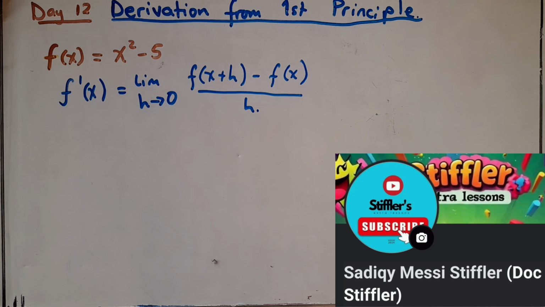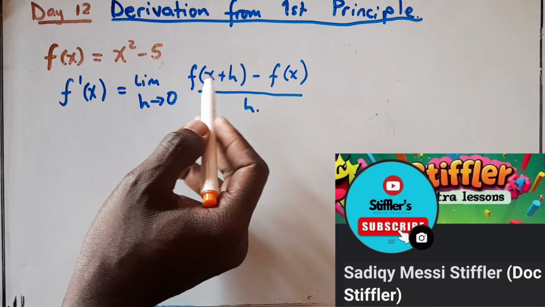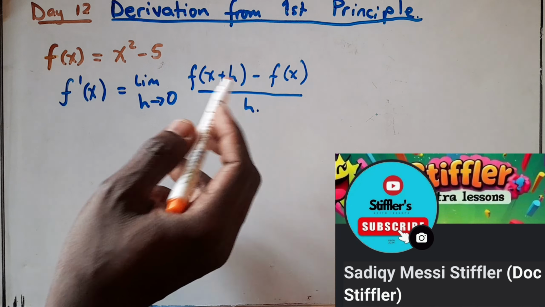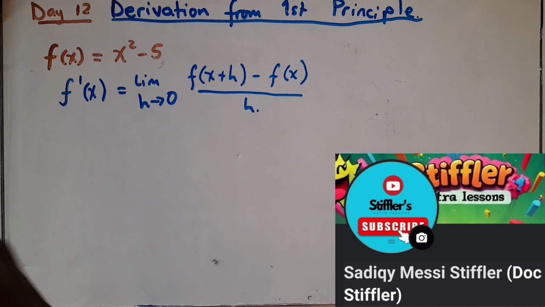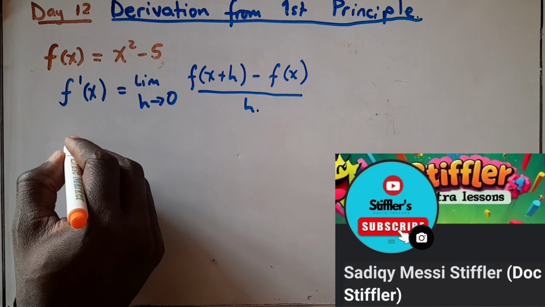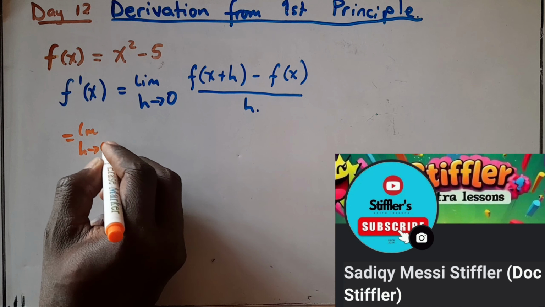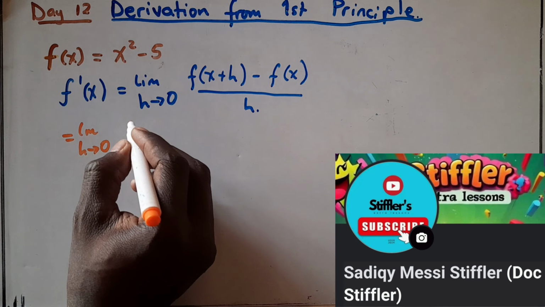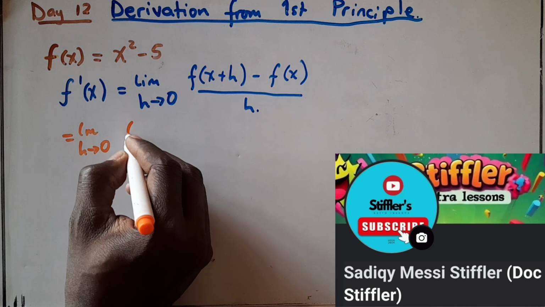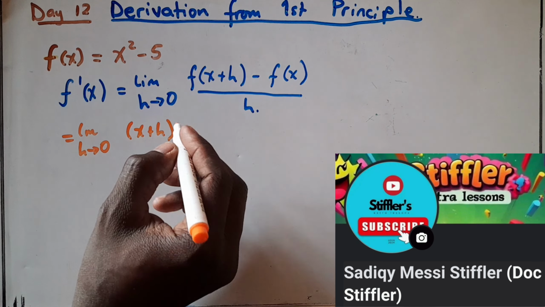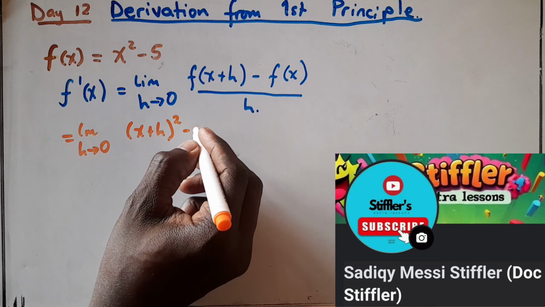So let's carry on. On our function, everywhere where you see x, you are going to place x plus h. So our derivation now becomes the limit when h tends to 0 of x plus h, but don't forget the squared, so that is (x plus h) squared minus 5.